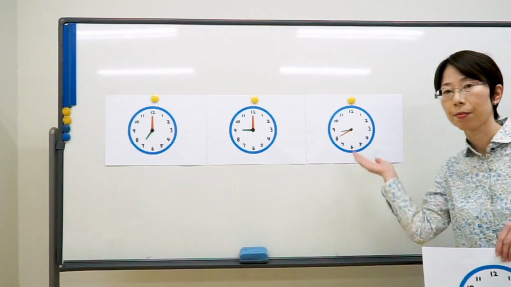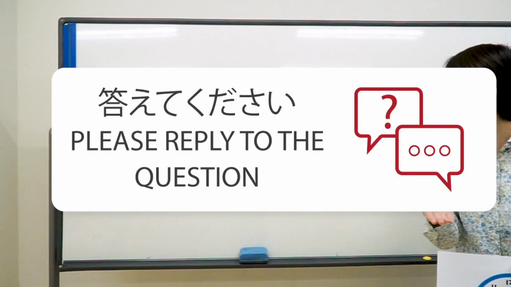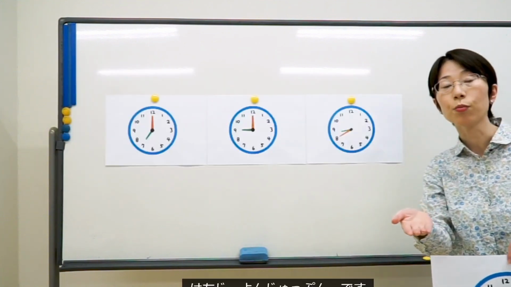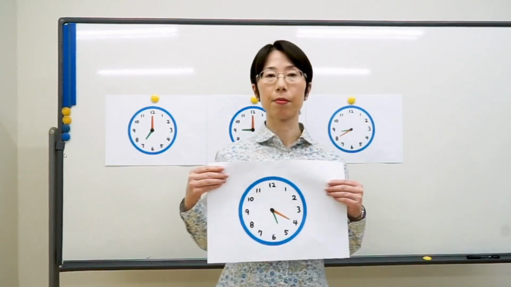So in this case it'd be 8時40分. Yojupun. 8時40分です。 Oh, I want the N at the end there. Yon, not yo. You drop the N when it's for the hour. So it'd be yoji.